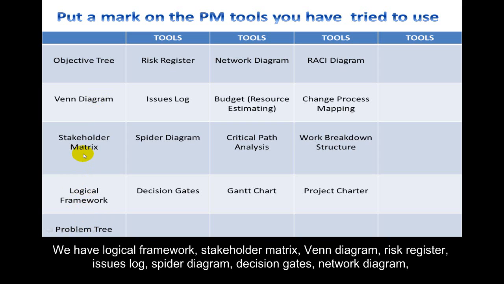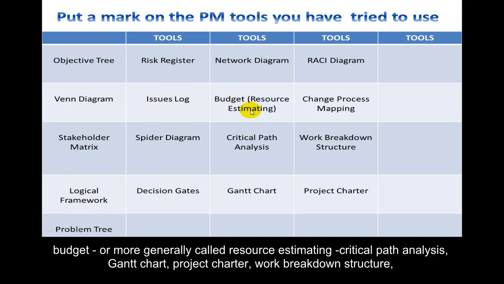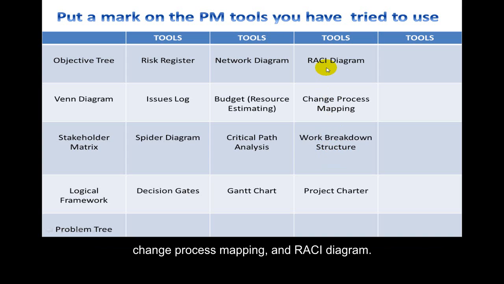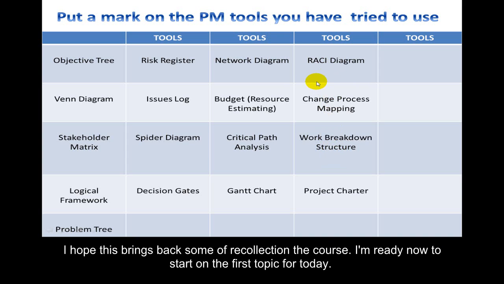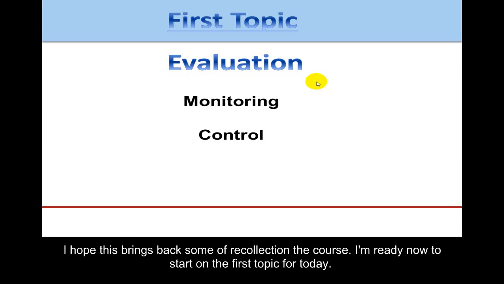Logical framework, stakeholder matrix, Venn diagram, risk register, issues log, spider diagram, decision gates, network diagram, budget, or generally called resource estimating, critical path analysis, Gantt chart, project charter, work breakdown structure, change process mapping, and RACI diagram. So I hope that this brings back some recollection of what we went over in the course.